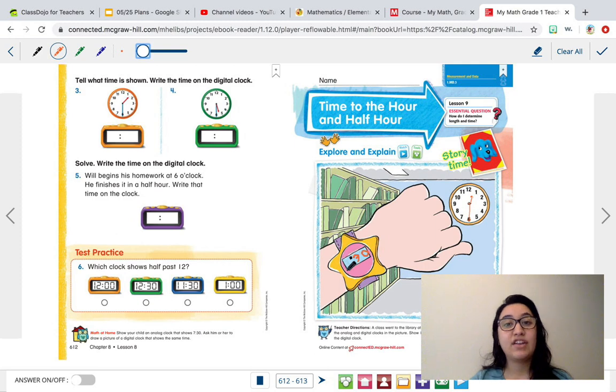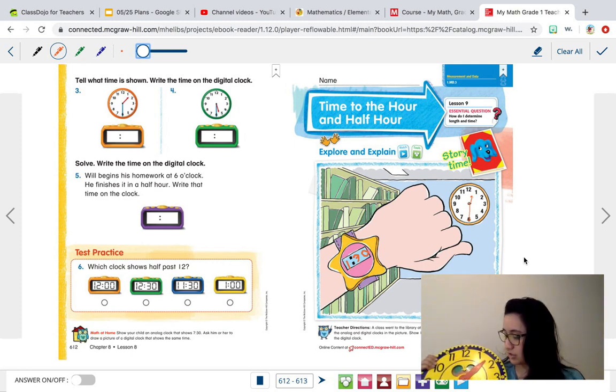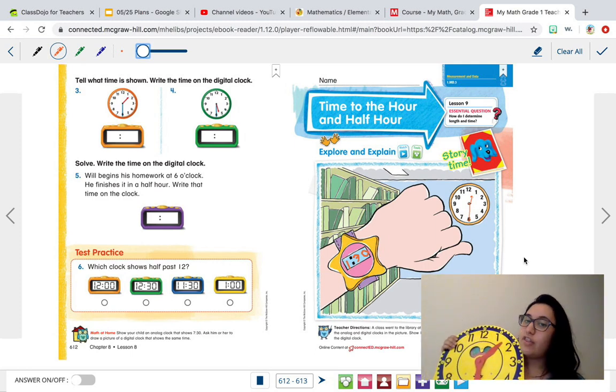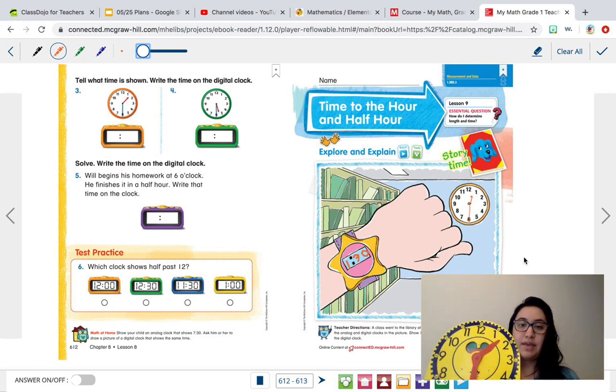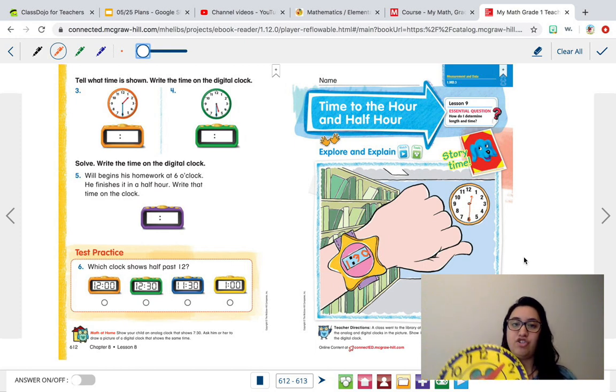And the hour on the left side is going to be 1. So her digital clock says 1:30, and our analog clocks are saying 1:30. So that's how we tell time here and on our digital clock, okay?